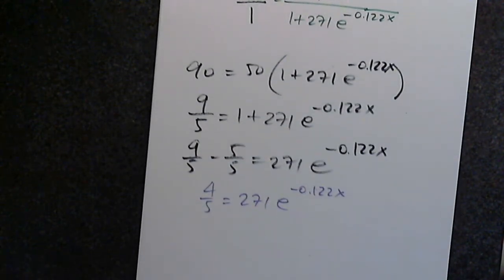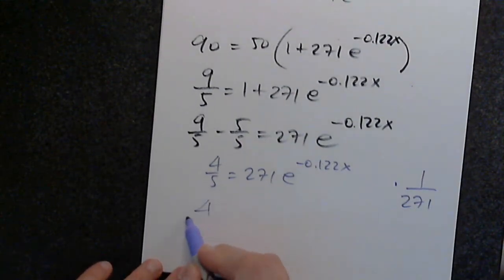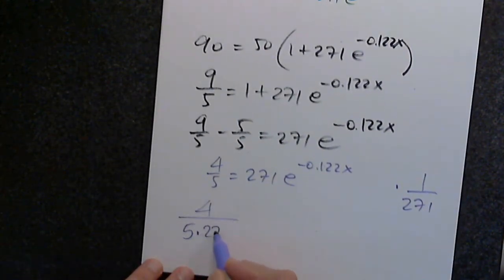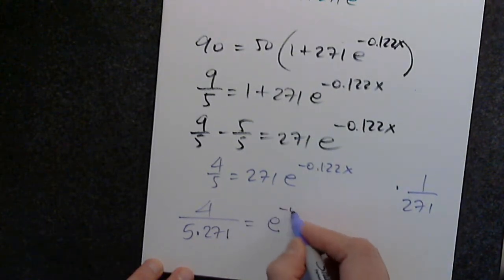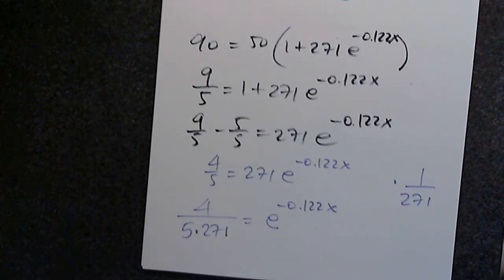Divide by 271. I'll multiply by 1 over 271. 4 divided by 5 times 271 equals e to negative 0.122x. If you want to multiply by 5, fine. If not, leave it alone. We're going to put everything in the calculator. Now it's completely cleaned up of everything. And now I can do what?